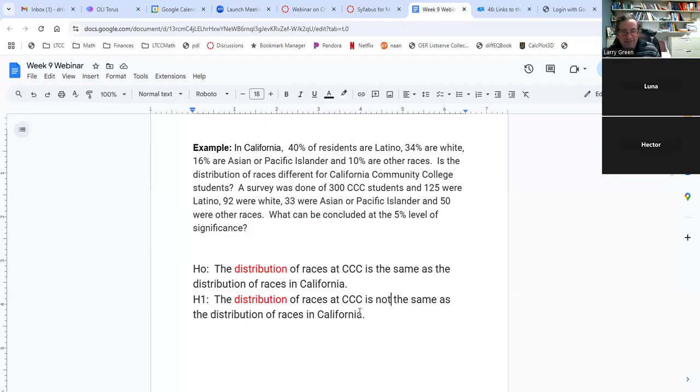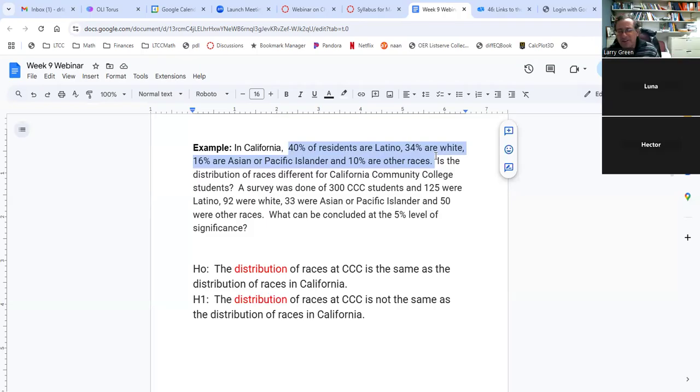So for this one, when you have a known distribution, so we know California, that was very easy to find on Google, no problem. And we're assuming that we don't know the community college students.